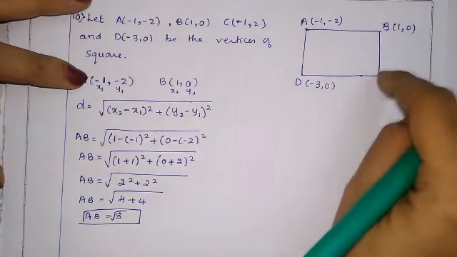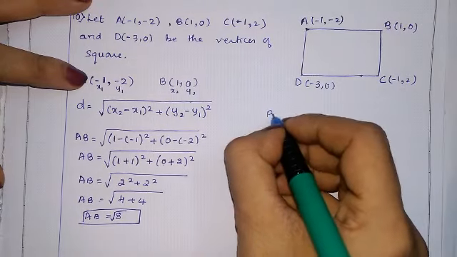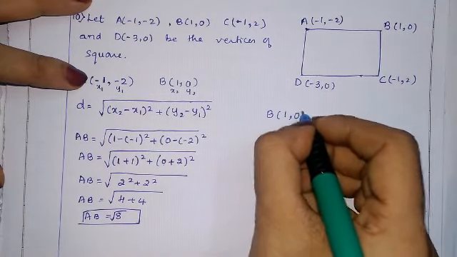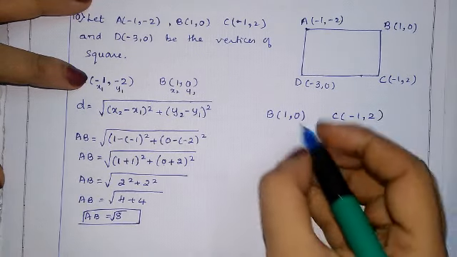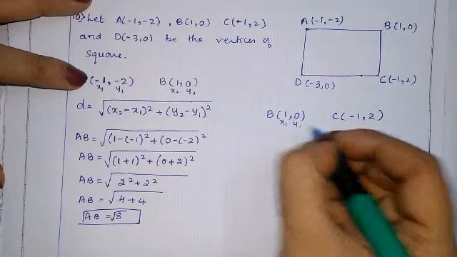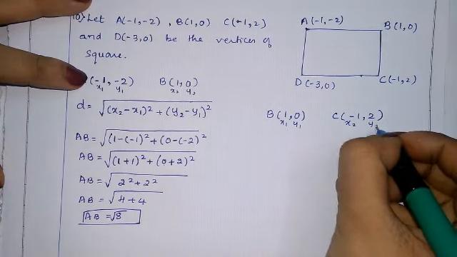Now let us see BC. B point is (1, 0), C point is (-1, 2). This is x1, y1, x2, y2.